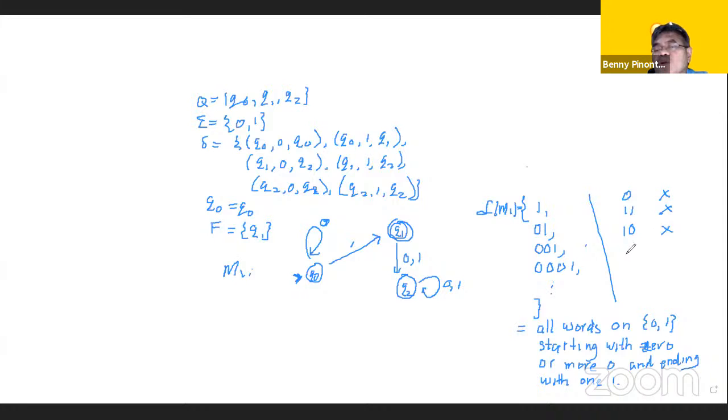So everything that ends with 0 is not accepted. This one is also not accepted. So you can only have a lot of 0s here and then end up with 1. So that is the language for this.